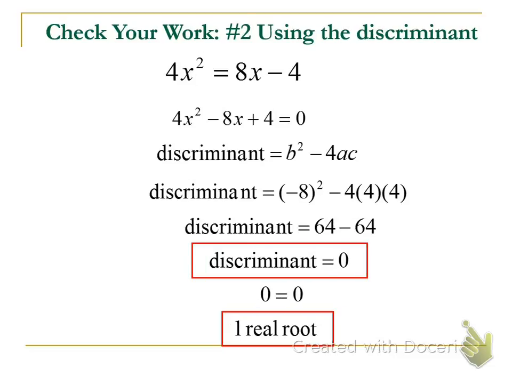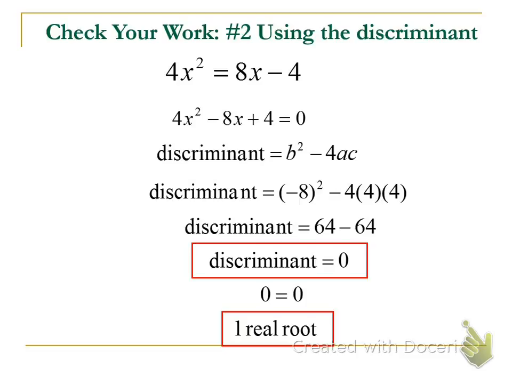All right, let's take a look at the second one. For this one, you had to do a couple things to get it into standard form. You had to subtract 8x from both sides and add 4 to both sides. So you get 4x squared minus 8x plus 4 equals 0. So the a term is 4, the b term is negative 8, and the c term is positive 4.